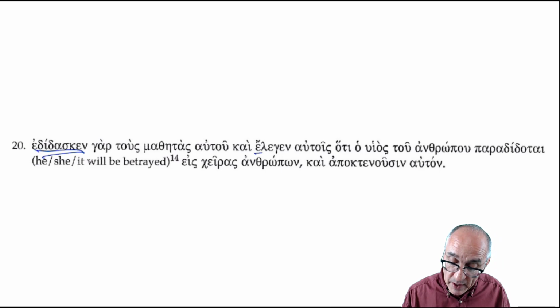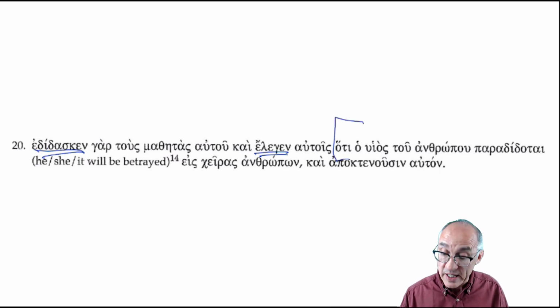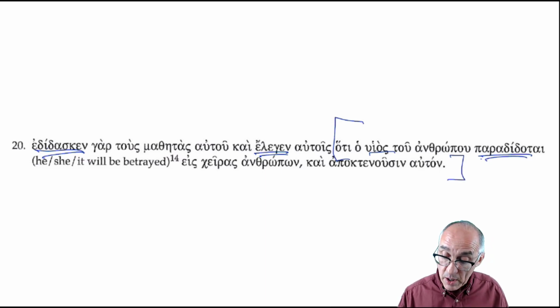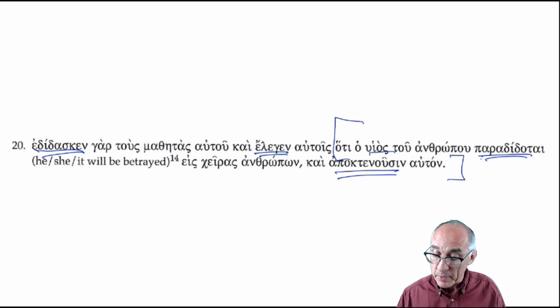So we have here, he was doing this and that. And what was he doing? And we have a new sentence here. Subject, verb. So he was saying that. So he was saying two things. This would happen, and this would happen.